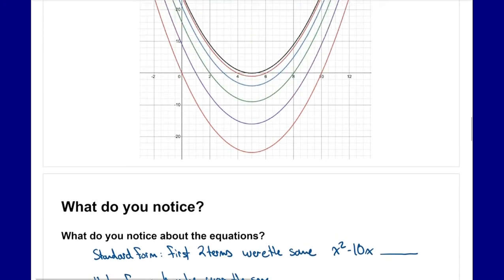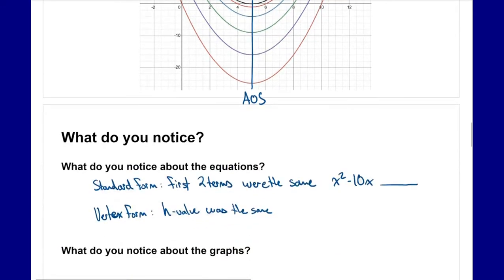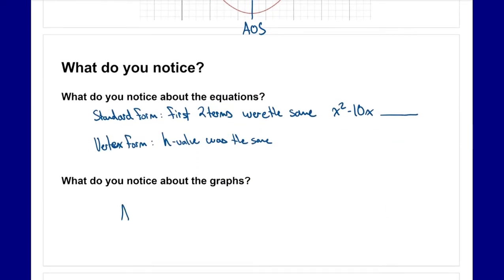Looking at the graphs, you might notice that they all seem to be along the same midline, that same axis of symmetry. That AOS is the same for all of them. The axis of symmetry is not changing.